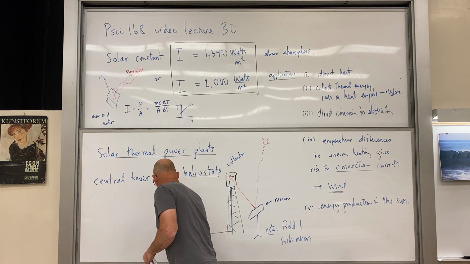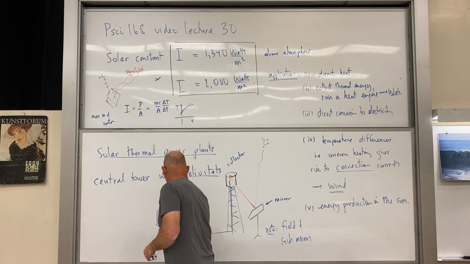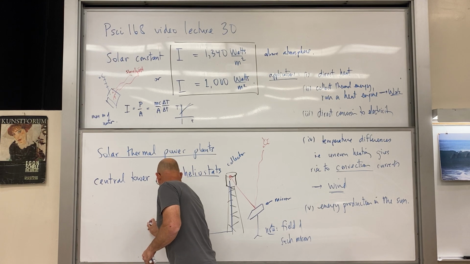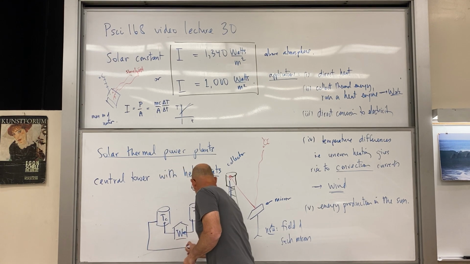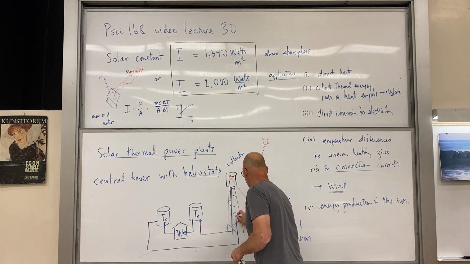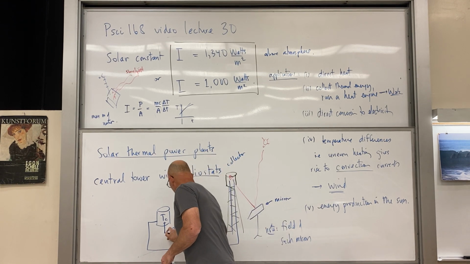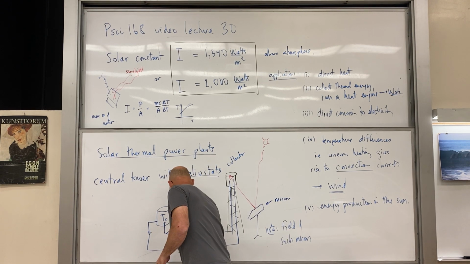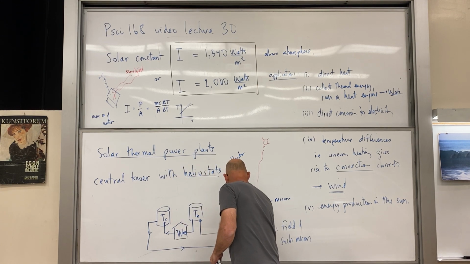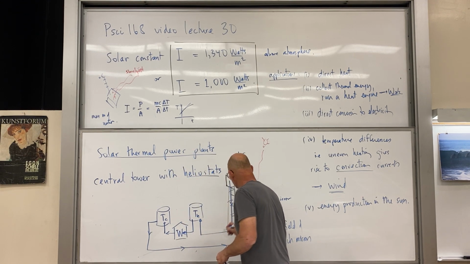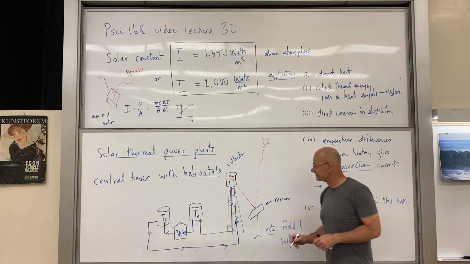This is T sub C. Let's make sure these arrows are right. Arrows back up into the tower. Here it's coming down. Okay.